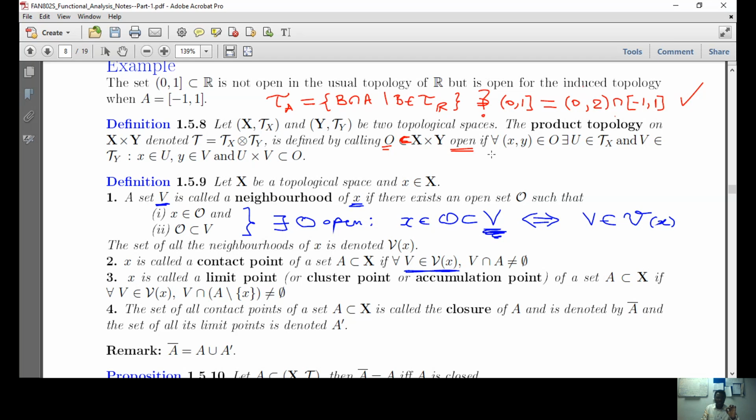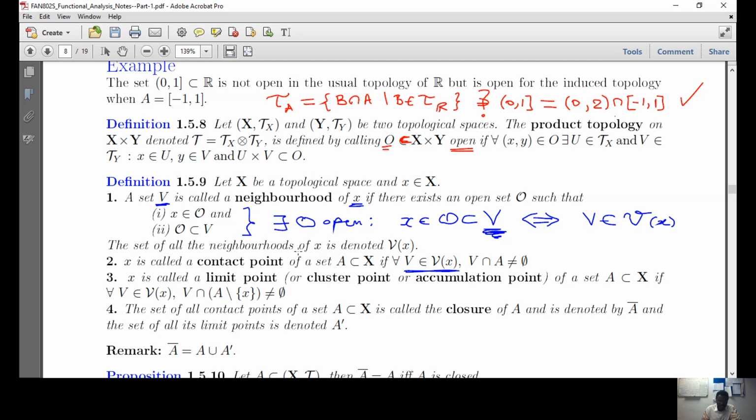So if I take a point in O, it will contain the product of two open sets, each one, of course, being an open set containing the point X and Y. That is it. So that's how you define the product topology.